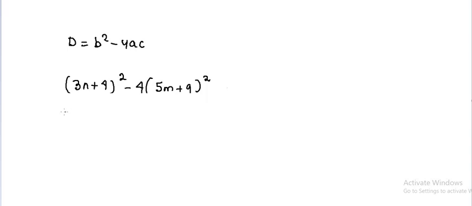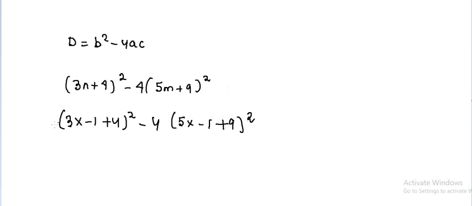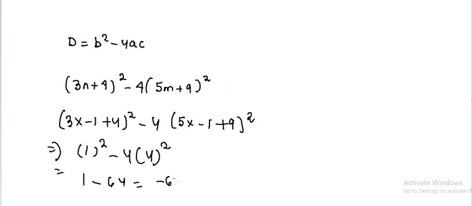This will give (3 into minus 1 plus 4) whole square minus 4 into (5 into minus 1 plus 9) whole square. Solve this: minus 3 plus 4 is 1 whole square, minus 4 into (minus 5 plus 9), which is 4 whole square. This is equal to 1 minus 64 is equal to minus 63.